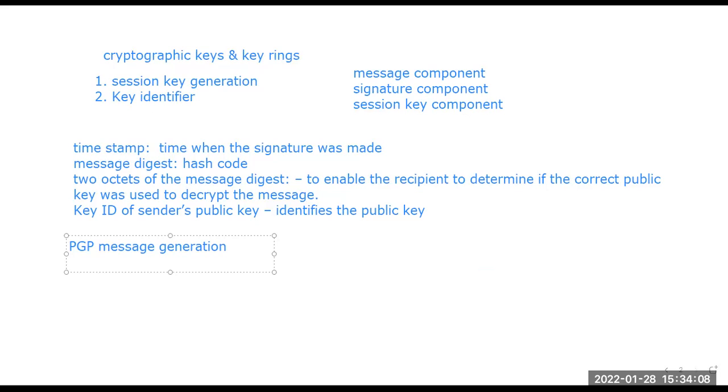After PGP, there is the part called S/MIME. The full form of S/MIME is Secure Multipurpose Internet Mail Extension.